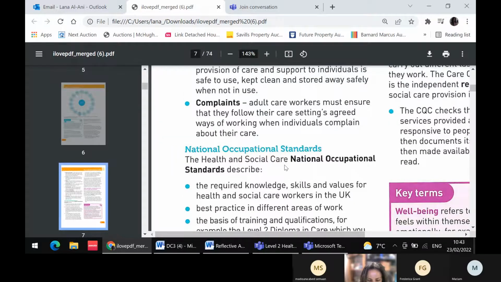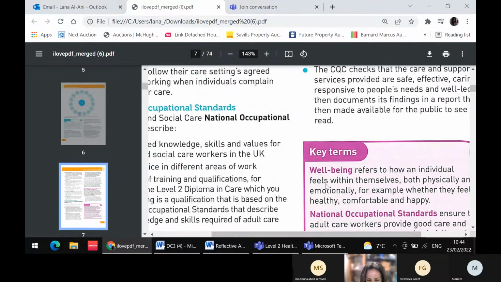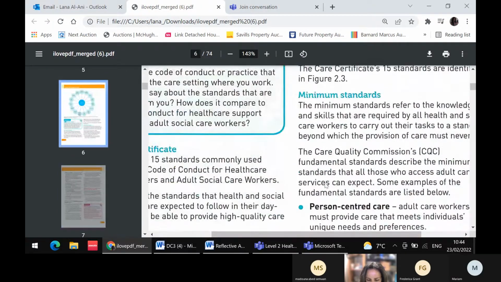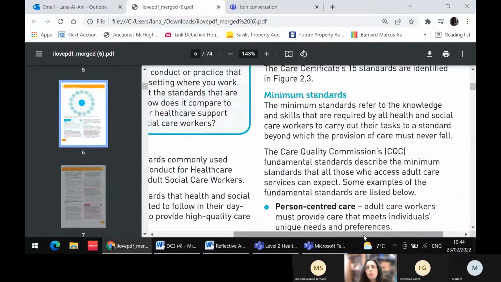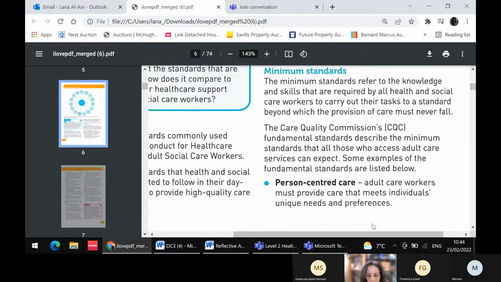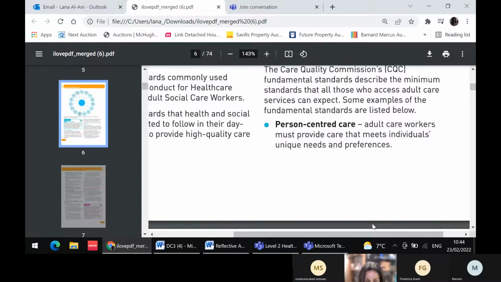Another standard. Let us go back and recap. The standard we talked about just now is the minimum standard. This is the minimum. Anyone should at least do this or follow this to provide good healthcare, which is person-centered care.